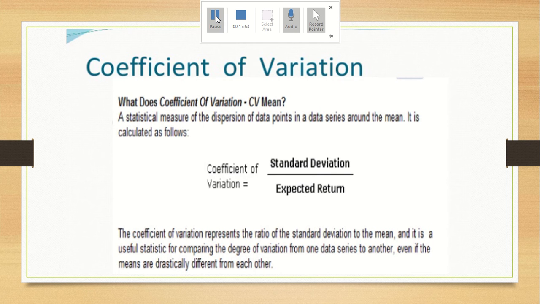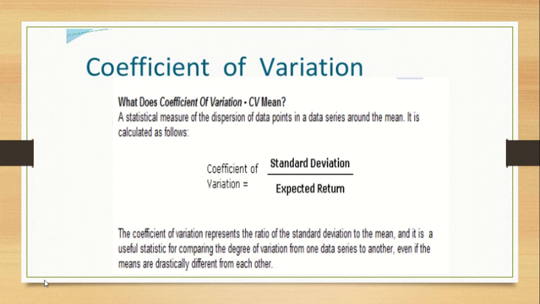Then we have here the coefficient of variation. It will be calculated using this formula. This is a statistical measure of dispersion of data points in a data series around the mean. It is calculated as the standard deviation divided by the expected return.